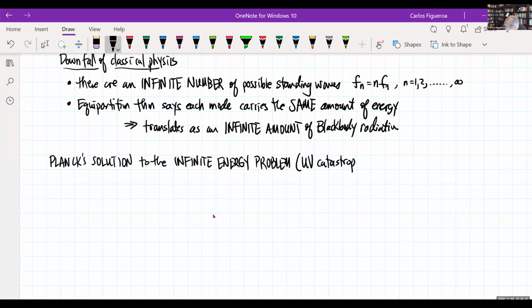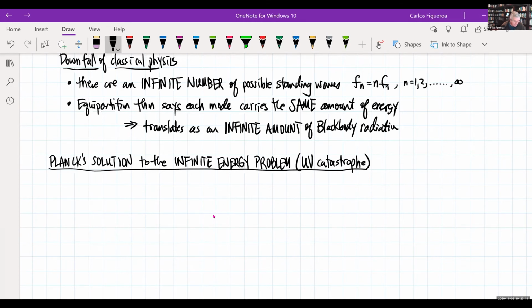But I think the ultraviolet catastrophe doesn't really tell you that it's an infinite energy problem, so I like to call it the infinite energy problem. Now, what did Planck do? The first thing you have to realize is that Planck is a first-rate mathematician. He's really good at math.